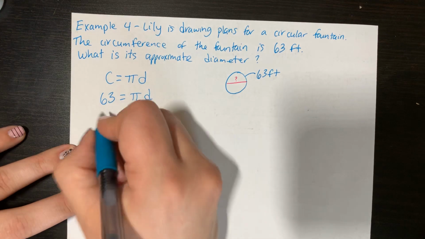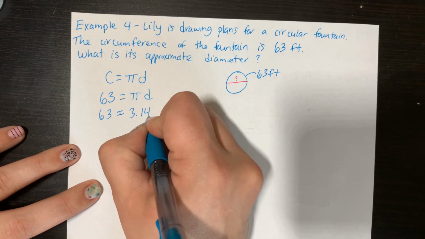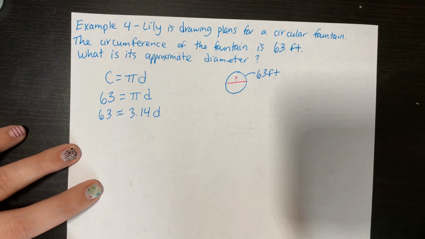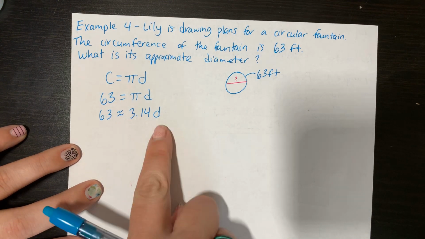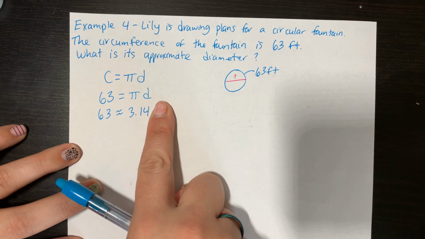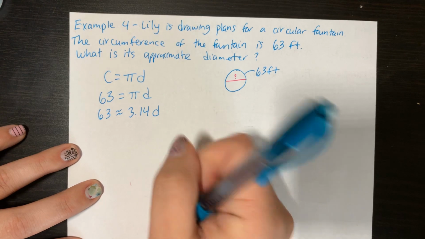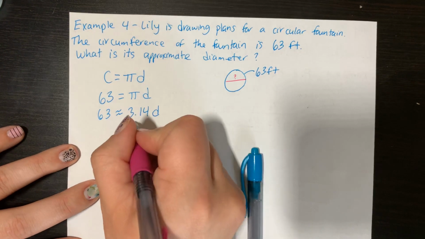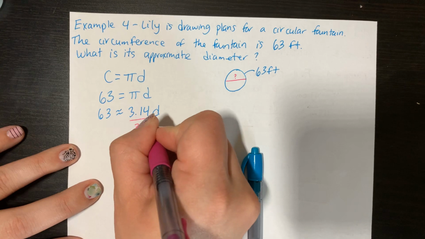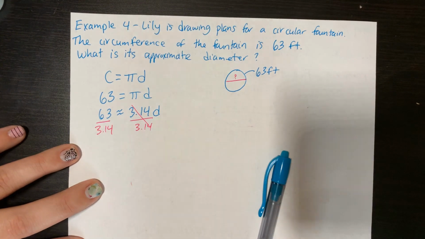Now we have to solve for d. I'm going to replace pi with 3.14. To get d by itself, we need to do the opposite of this. This is a multiply by 3.14, so we're going to need to divide by 3.14.